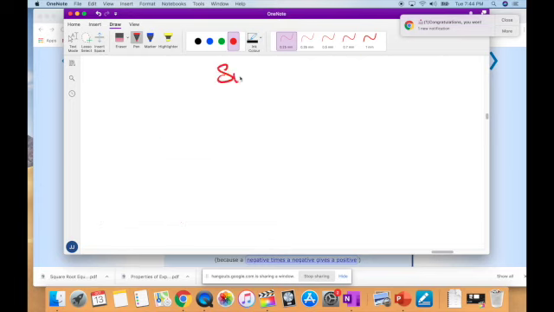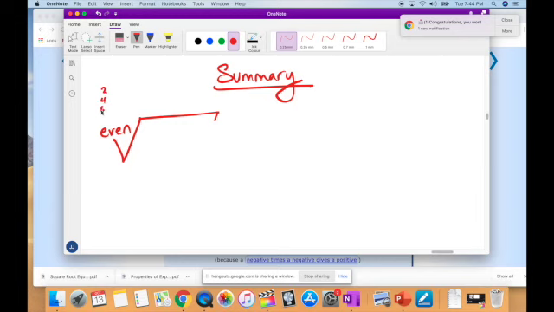So summary. If you have an even root, so whether it's the 2 root, or the 4 root, or the 6 root, or the 8 root, once it's an even root, then you could only have a positive number.